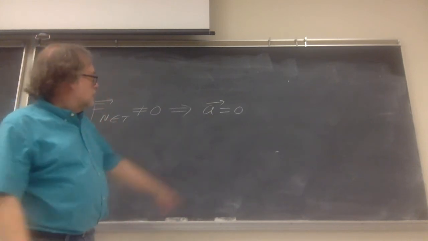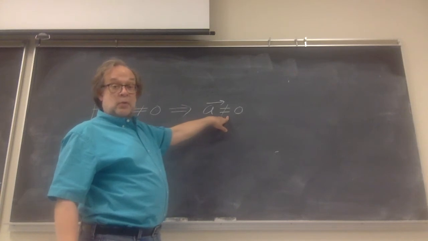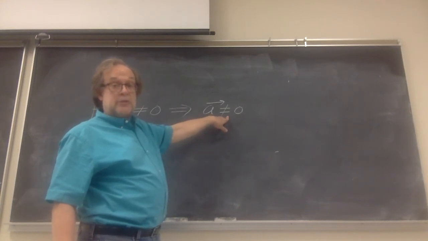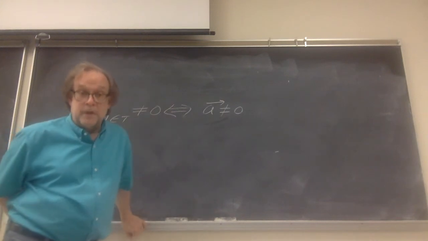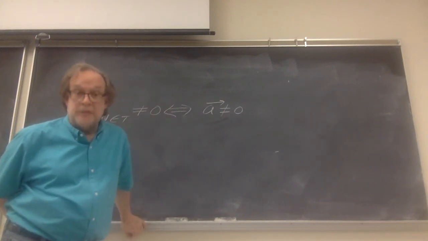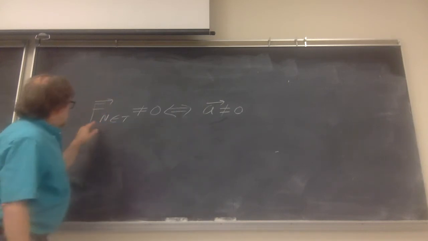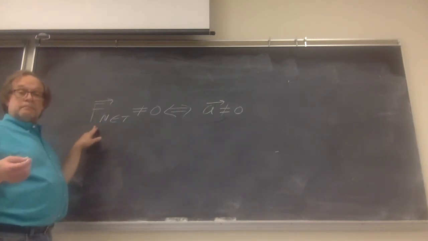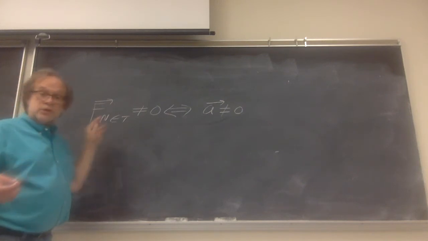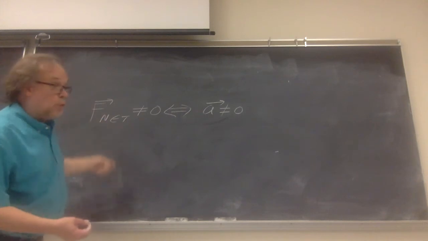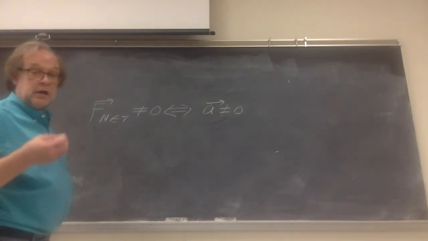Or the other way around, if you notice that an object is accelerating, that it has non-zero acceleration, then that implies the net force must be not zero. Must be some real net force present. And then we have something that plays the same role with rotational accelerations that force does with ordinary accelerations, and we call that thing a torque.